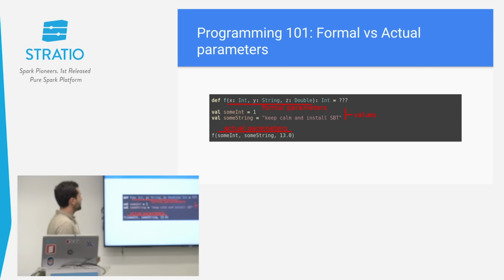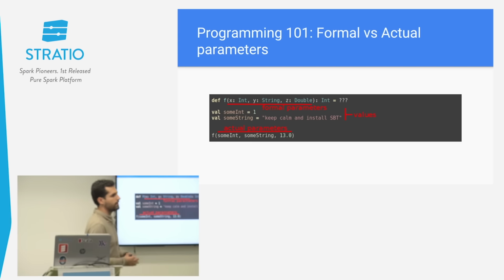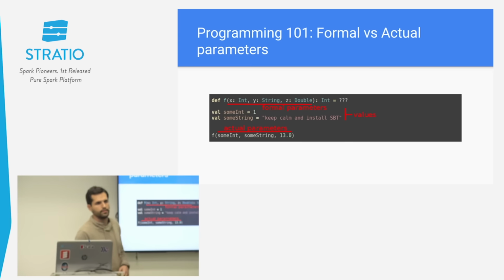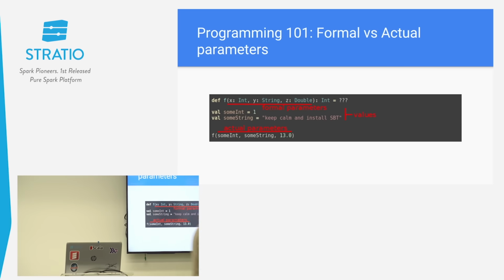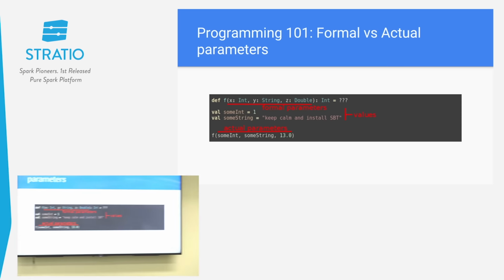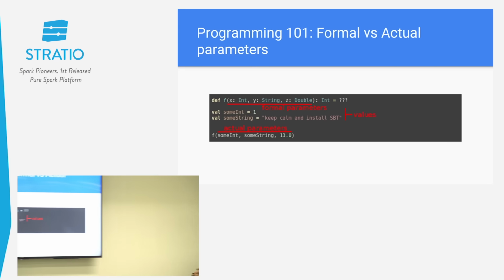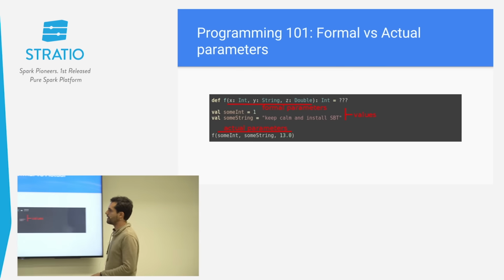The first thing I want to have clear here is what formal versus actual parameters are. Okay? You define a function, you have formal parameters, and these formal parameters are just the names you give to the values you receive in the function when it is called, and their type.